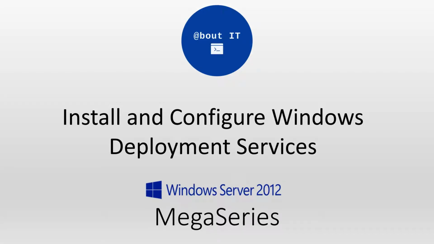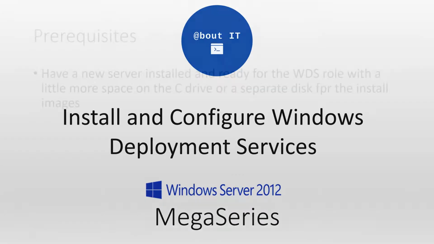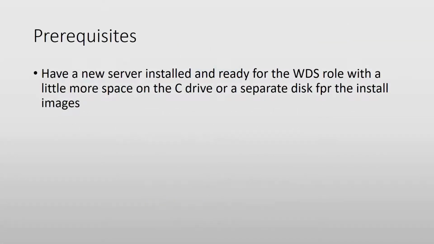Let's get started with Windows Deployment Services, or WDS. Before we begin this video, if you want to follow along, you will need a server on which to install WDS, which has a little more space on C than usual, or maybe a separate disk.